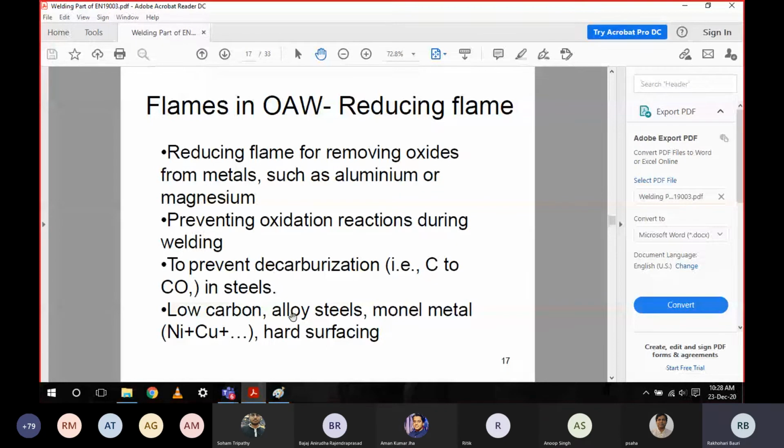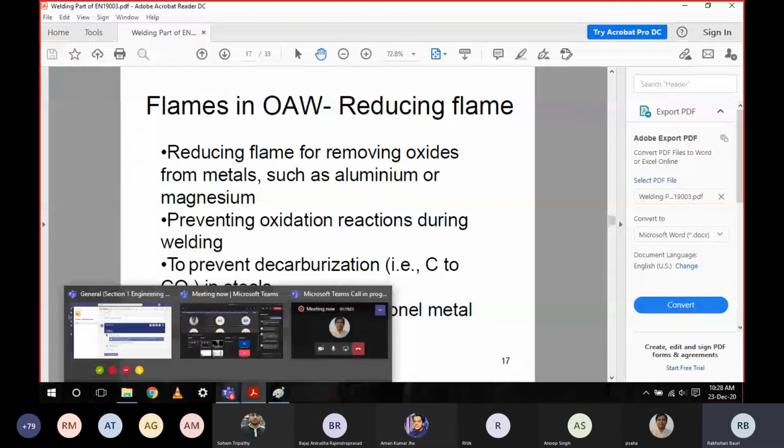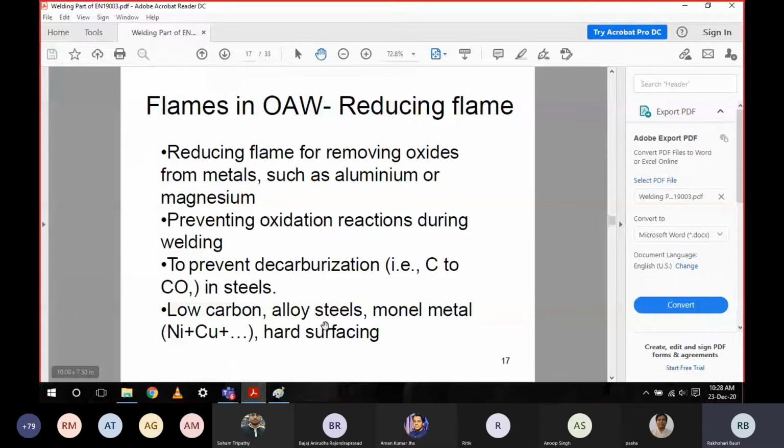It hardens the surface just by introducing extra carbon atoms in the empty spaces of the iron lattice. So this is how hard surfacing is done.